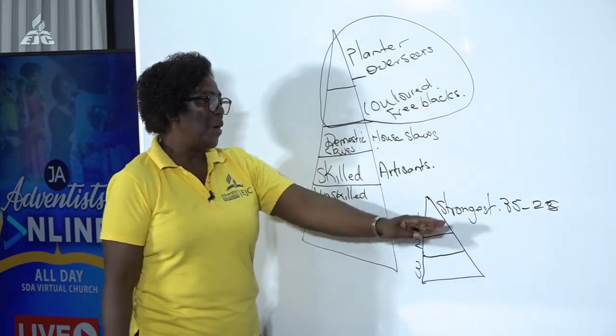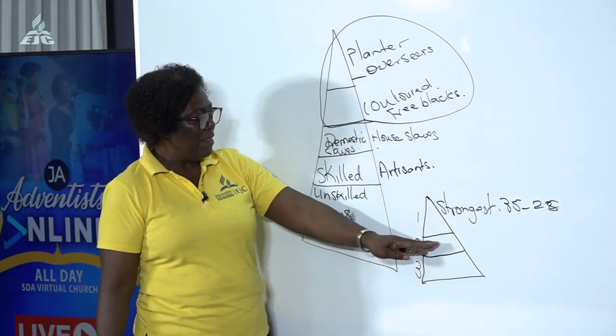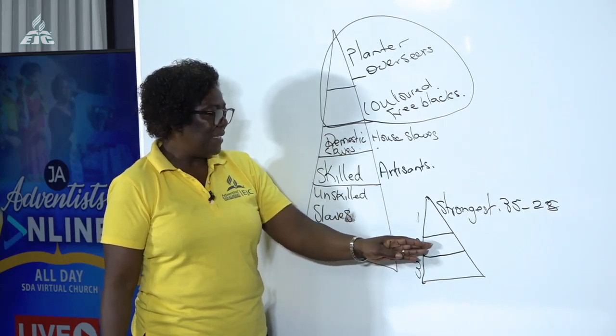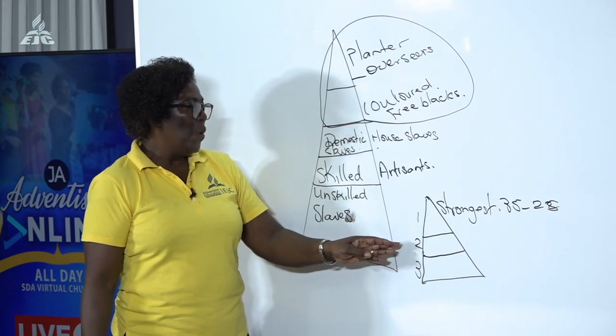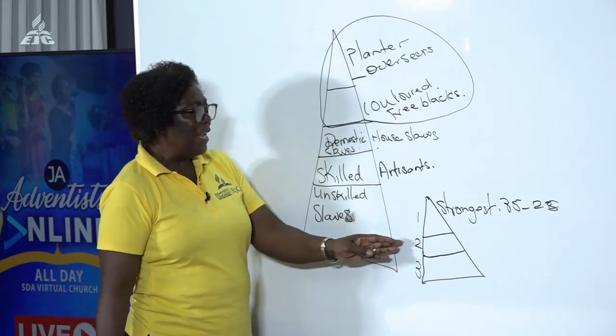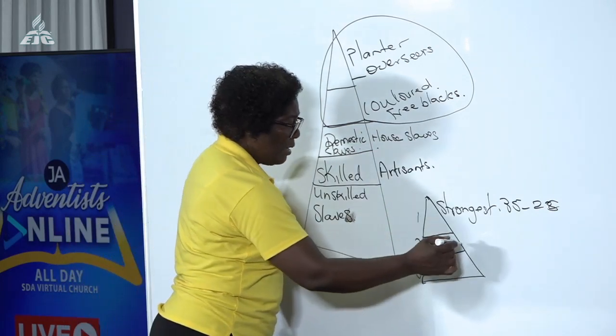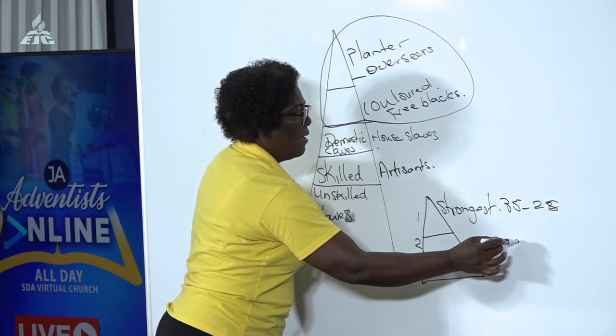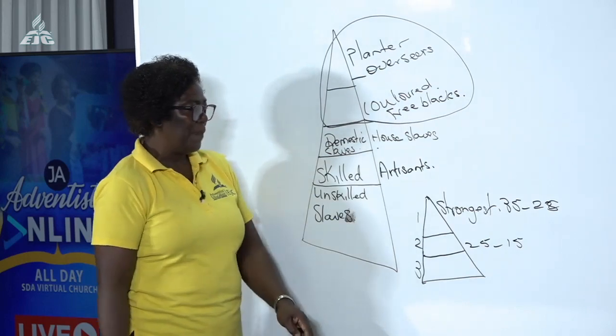They were the strongest. Then in the middle here, you have the second gang. The second gang would be boys and girls, 25 downwards to maybe 15 or so.